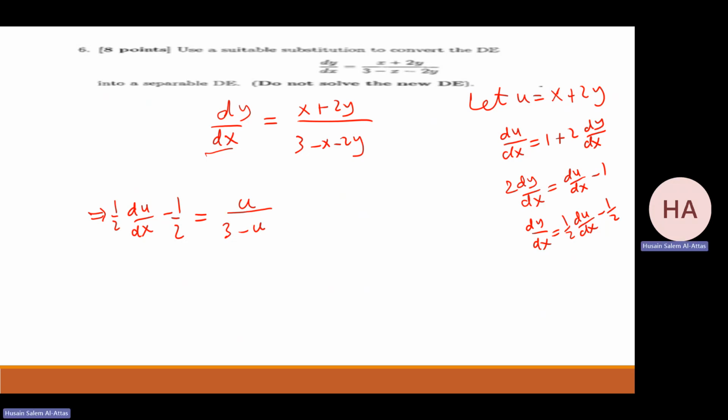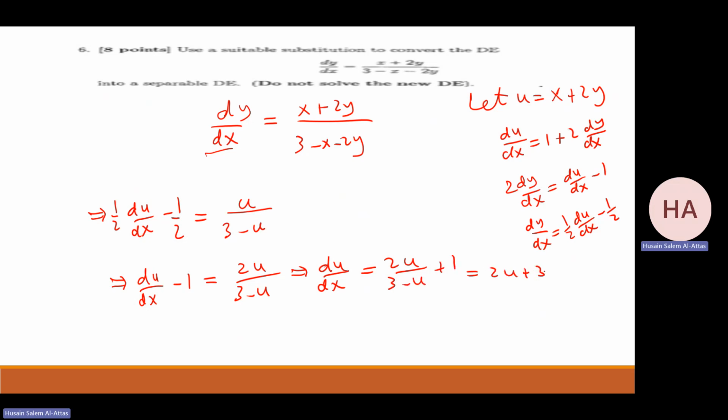So that means du over dx minus 1 equals 2u over 3 minus u. So du over dx will be equal to 2u over 3 minus u plus 1. And that is 2u plus 3 minus u over 3 minus u, which is 3 plus u over 3 minus u.